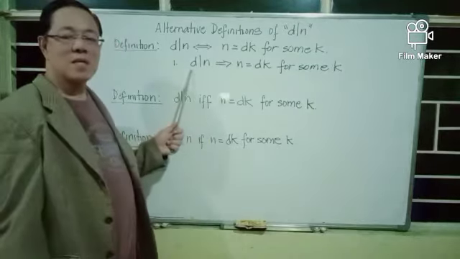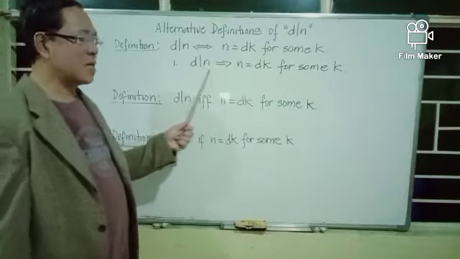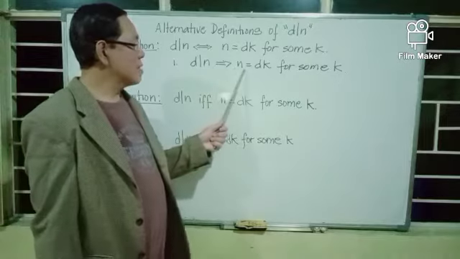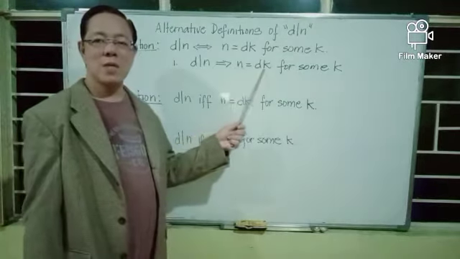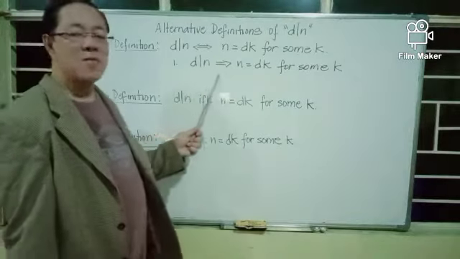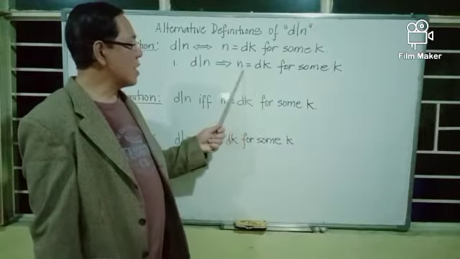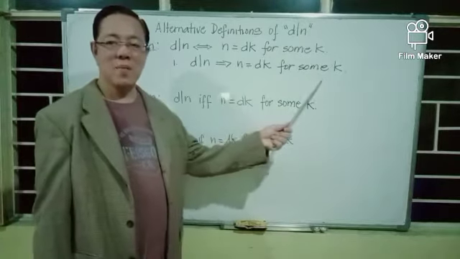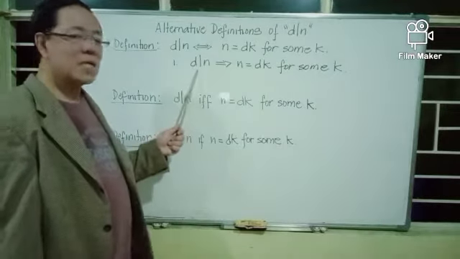The first statement: if d divides n, then there is some integer k such that n is equal to dk. And the converse of this statement is also true: if n equals dk for some k, then we conclude that d divides n.